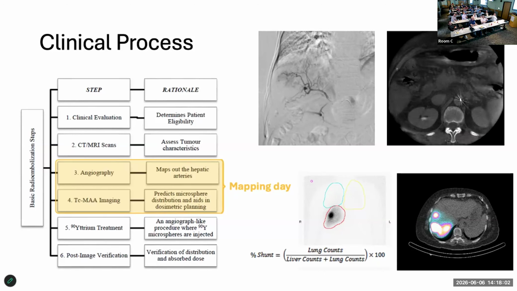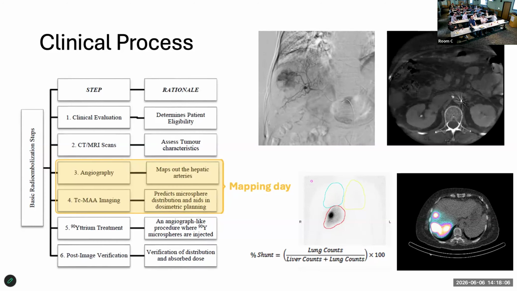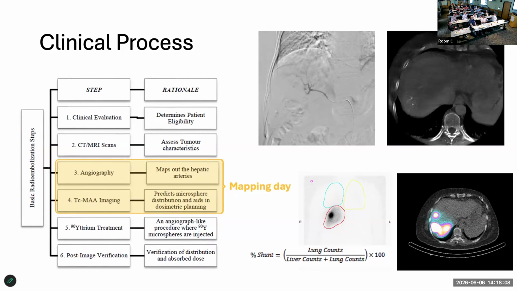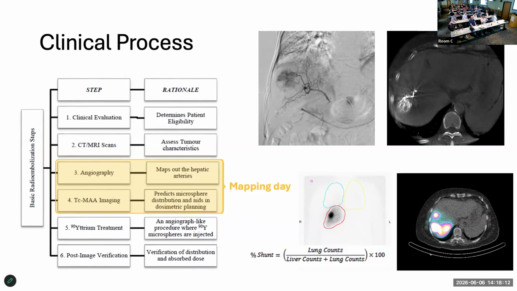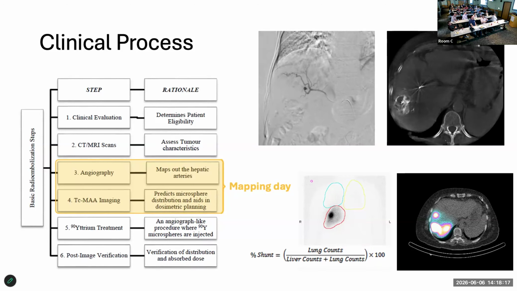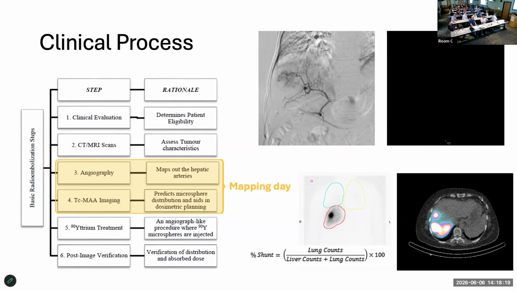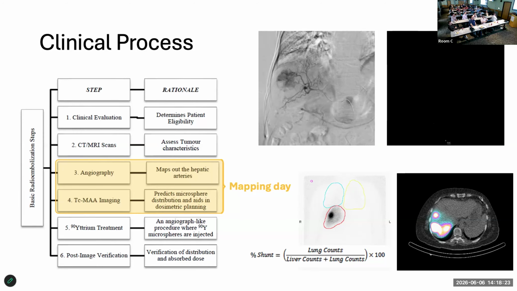At the end of mapping day, once the IR physician is satisfied and figured out what they want to do for the treatment itself, they will inject the patient with anywhere from 1 to 3 millicuries of Tc-99m MAA. And that is how we calculate our lung shunt fraction, just in case there's any sort of pulmonary shunting. In SurSpheres, if you have a lung shunt fraction greater than 20%, it's a contraindication for treatment.